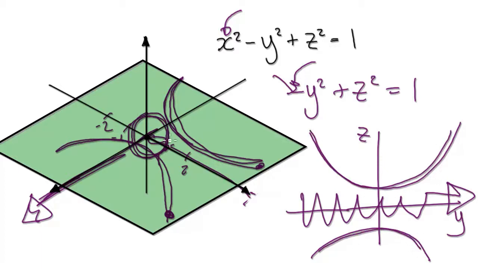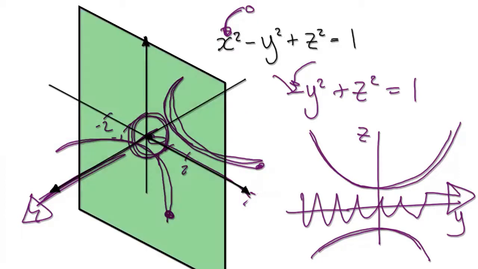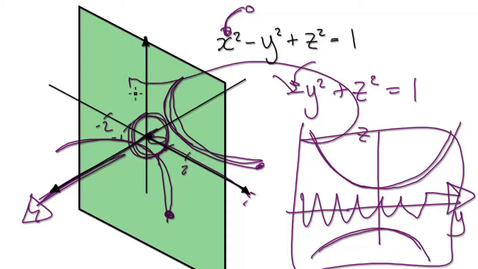When you put 0 into the x, you've got to imagine a vertical sheet of paper located at x equals 0. So we've got to draw this on this vertical sheet of paper.